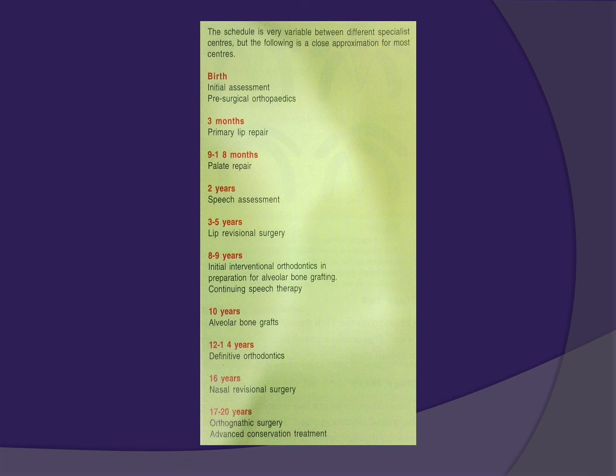Around 16 years old, the plastic surgery department will do nasal revisional surgery. And then when the growth has stopped, around 17 to 20 years old, the oral maxillofacial surgeon together with the orthodontist will do a combined orthodontic treatment and orthognathic surgery. And then we will have advanced conservation treatment for the cleft patient.